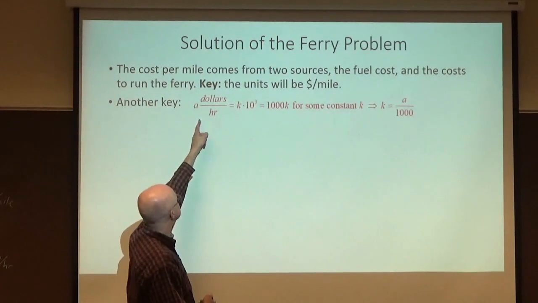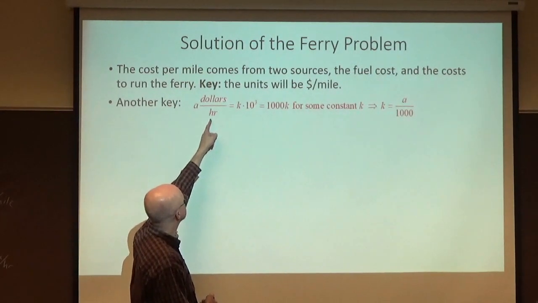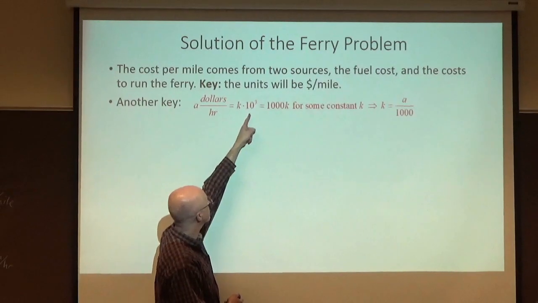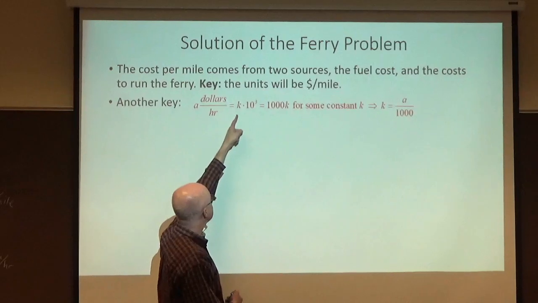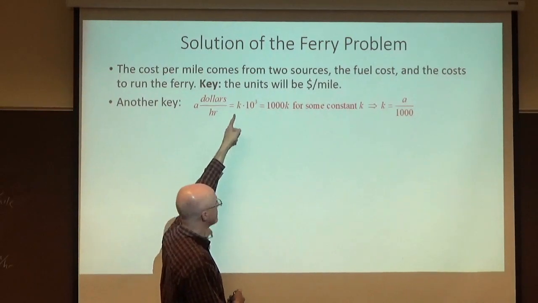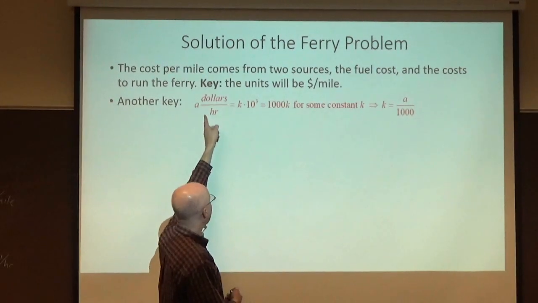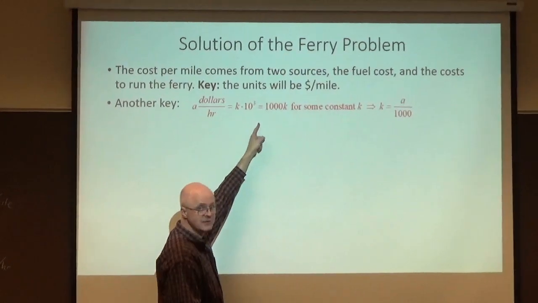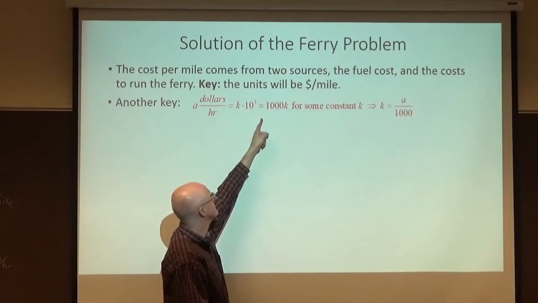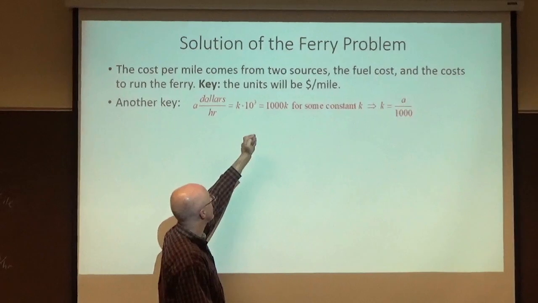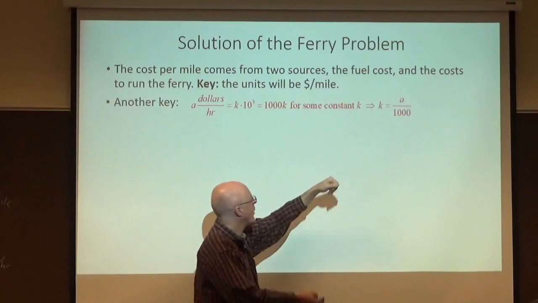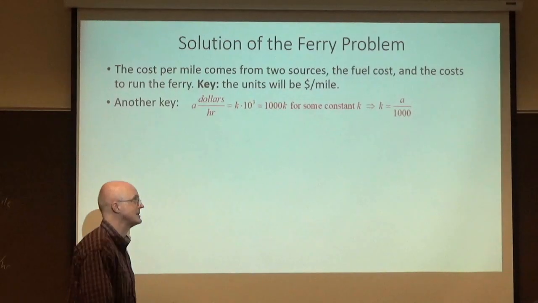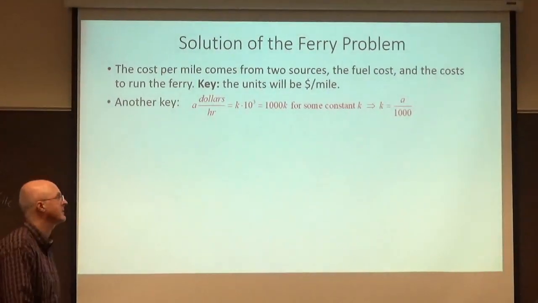Remember, this is the cost in dollars per hour. It's proportional to the cube of the speed. 10 miles per hour is the speed at which it's going to cost A dollars per hour. K is the proportionality constant. So A is going to be K times 10 cubed. 10 cubed is 1,000. So this becomes 1,000 K. And that allows you to solve for the constant K, which then allows you to write the fuel cost in terms of A in the most accurate way.